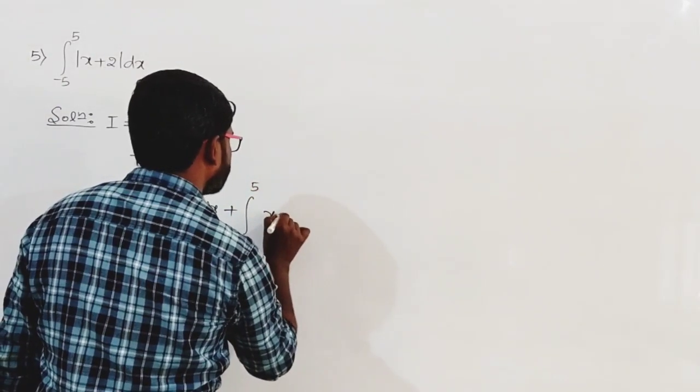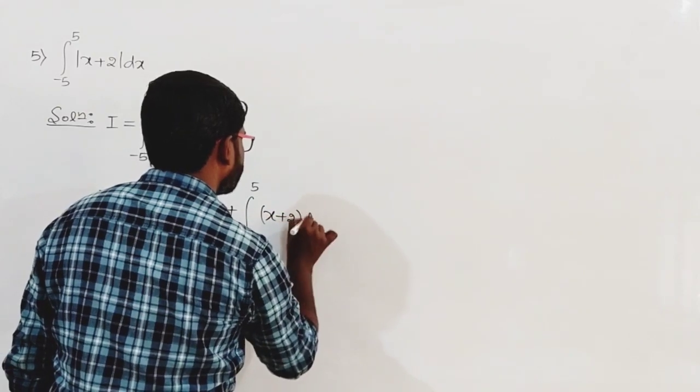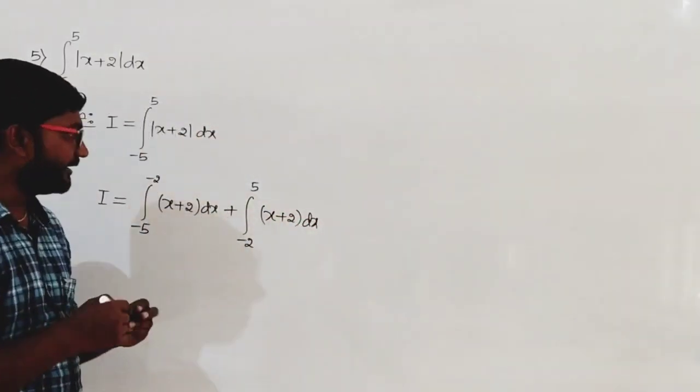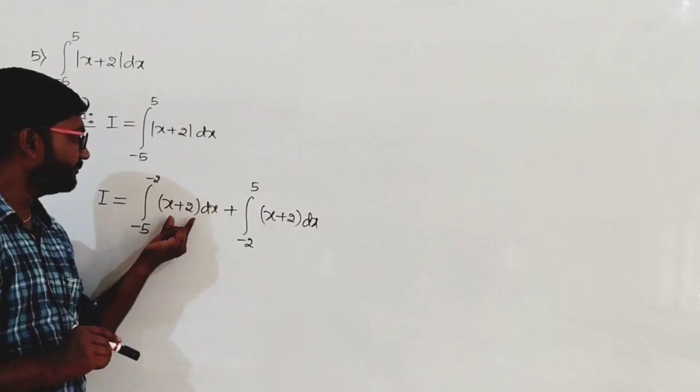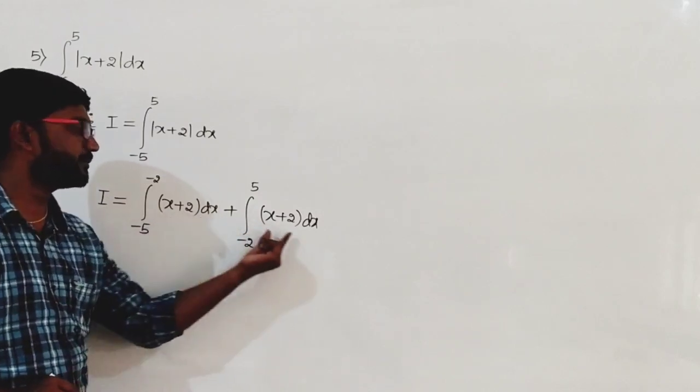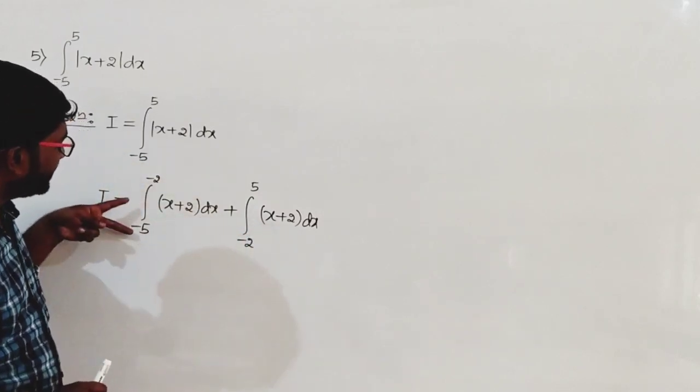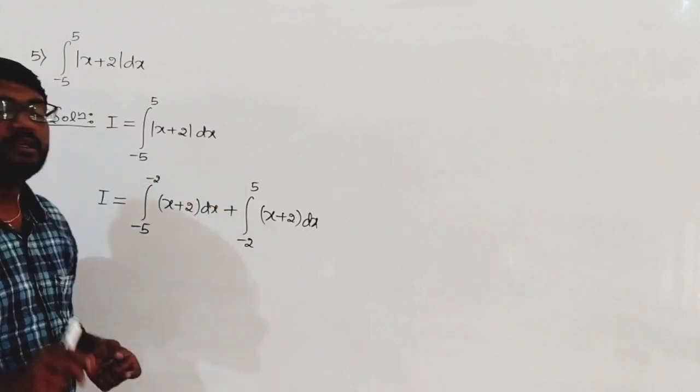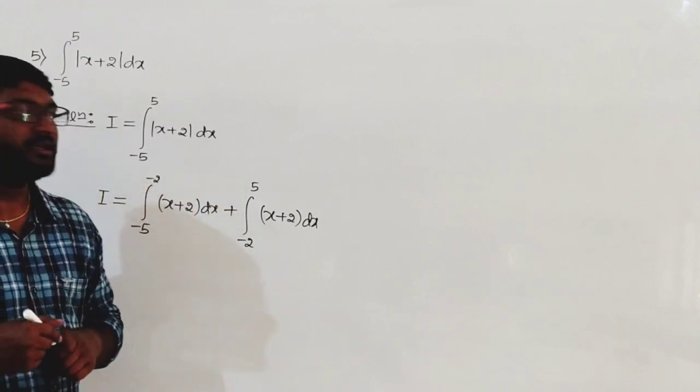Now here we have not yet considered the minus sign. In both the cases we have taken plus x plus 2. Now we have to check whether in this interval or in this interval x plus 2 is positive or negative.